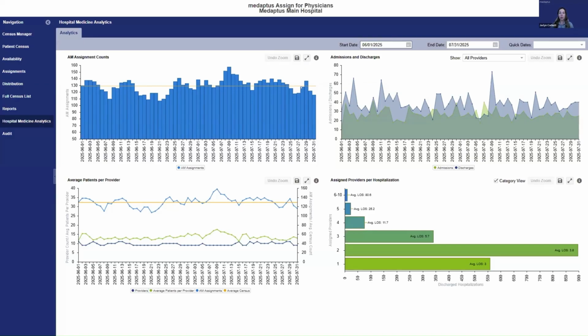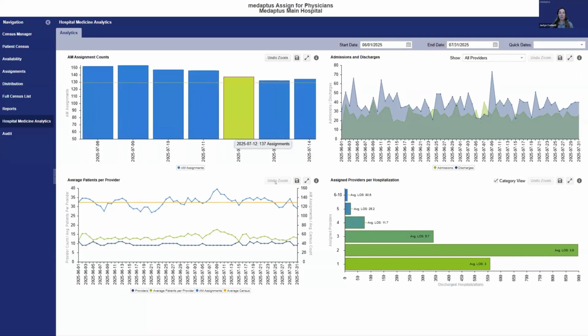So for example, you can see we have a spike here in early July, and that could indicate a seasonal increase, or maybe there's a shorter discharge cycle. Having this data really gives you the ability to prepare for these types of trending fluctuations.